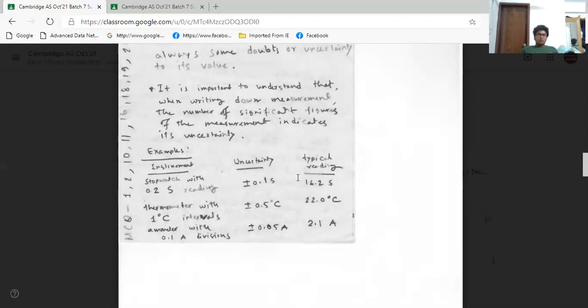So the 2.3 centimeter you got, that is your typical reading. And the instrument, the ruler you are using, the smallest value of your length is 1 millimeter, isn't it? 1 millimeter means 0.1 centimeter. That means the accuracy level is till 0.1.